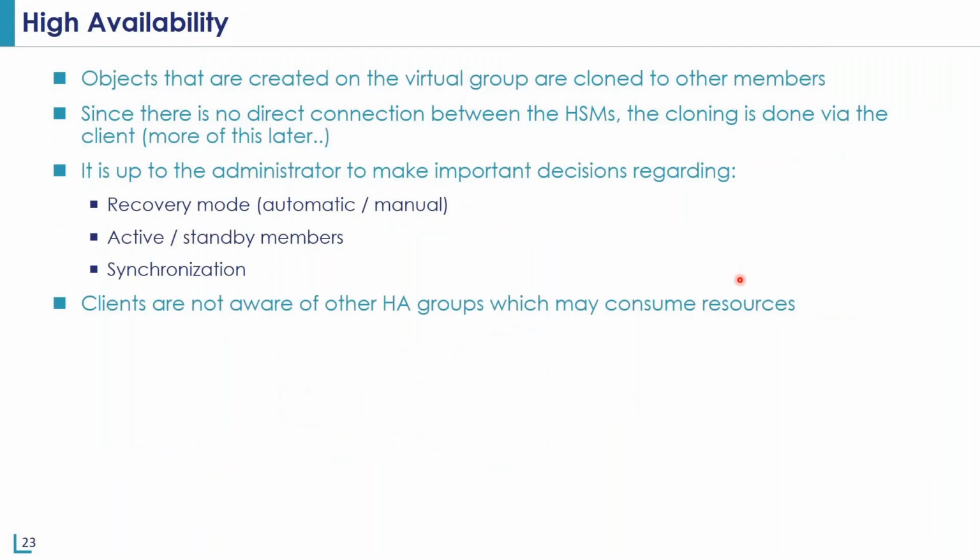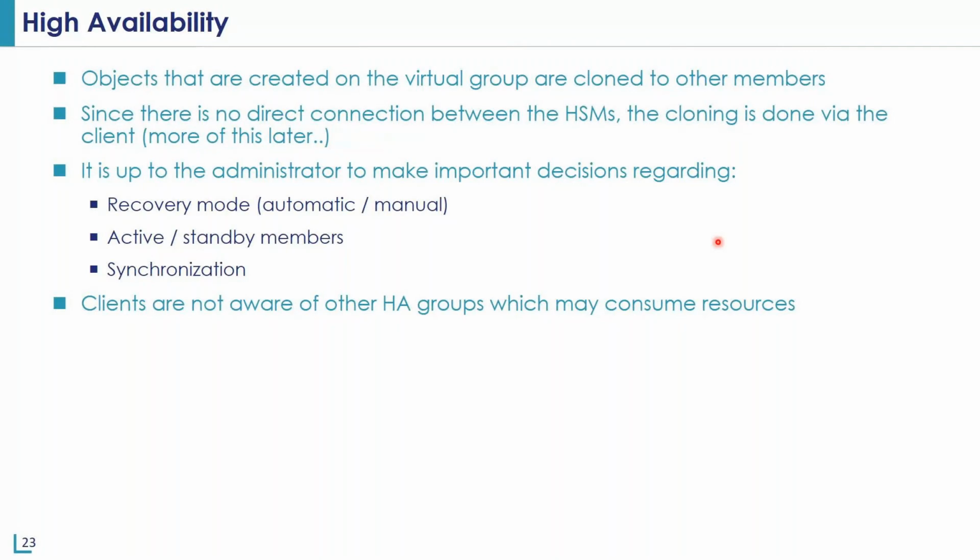Objects that are created will be cloned. When one object is created in your HA group, it will be copied to your other members as well. So if you have an HA group of 5 members, an object created on one is replicated on all 5 members. We're going to see how that replication works, but you have to remember it is important that all the members have the same cloning domain key.